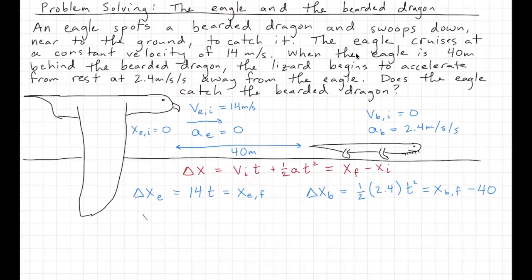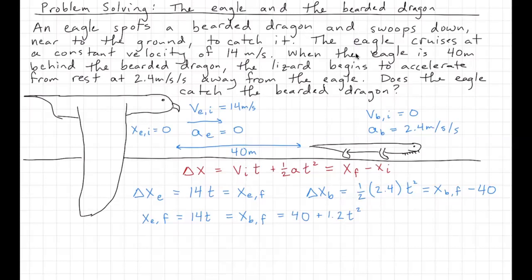So the eagle's final position is 14t, and at the time when the eagle catches the bearded dragon, if there is such a time, I want that to be equal to the final position of the bearded dragon. And if I look at the equation that I have right here, the final position is just 40 plus the displacement. So that's 40 plus 1.2 t squared.